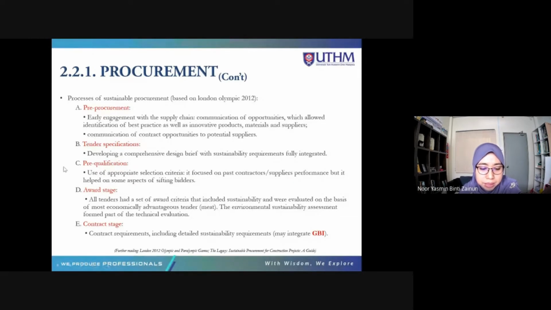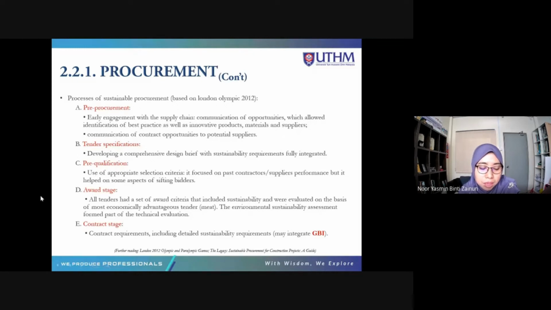B, on the tender specification, at this stage we develop a comprehensive design brief with sustainability requirements fully integrated. C, on the pre-qualification, where appropriate selection criteria are used, which focus on past contractors' and suppliers' performance, but also help in sifting bidders.